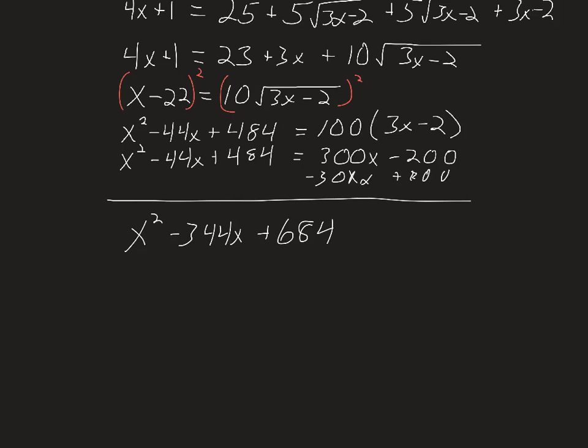But if you look closely, the middle term is such a big value that you might see 684, half of 684 is 342. 342 times 2 would be 344. So it actually ends up being pretty easy to factor.